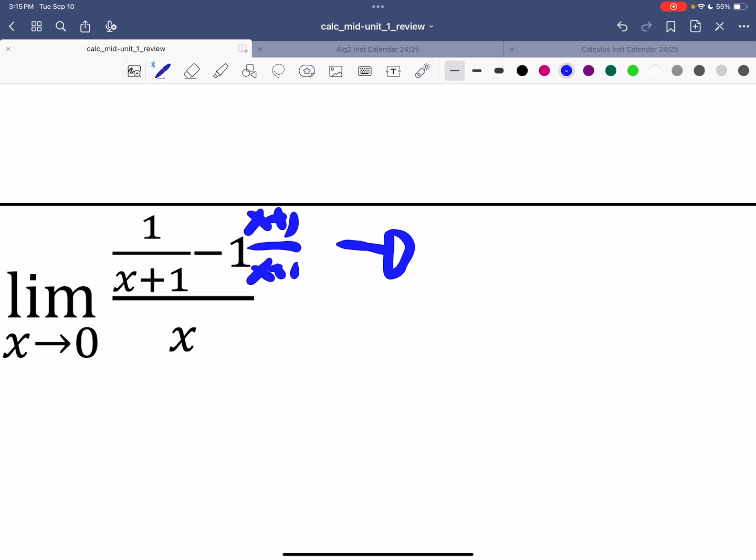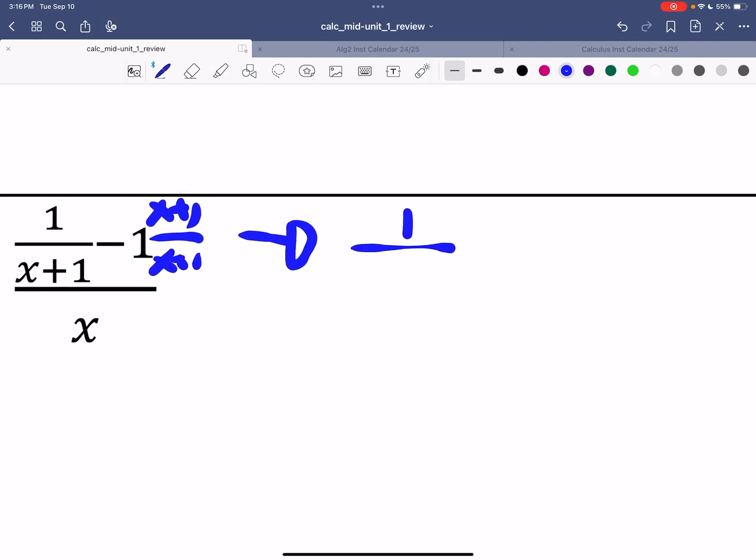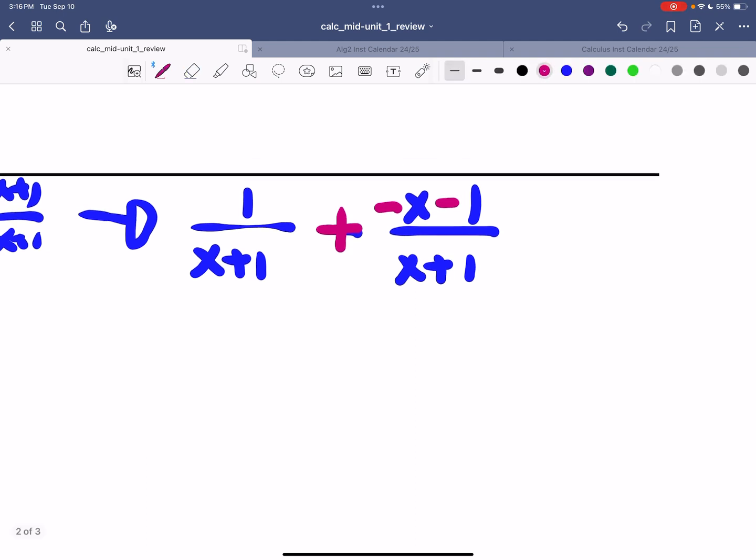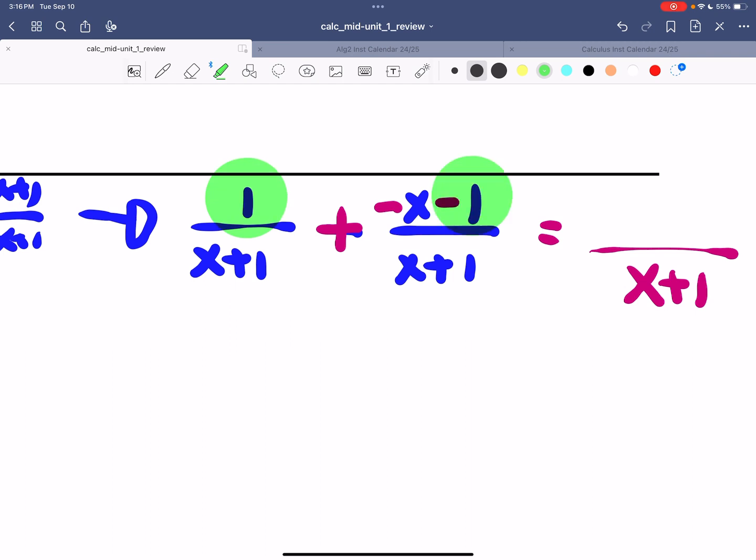So I'm going to rewrite it: 1 over x plus 1 minus x plus 1 over x plus 1. But as I said, if you have a negative number, that's going to be confusing. So I'm going to change it to positive and flip the sign here, like that. So let's do it. I have x plus 1 in the bottom. On the top, 1 minus 1 can be canceled out. So I only have negative x left over.